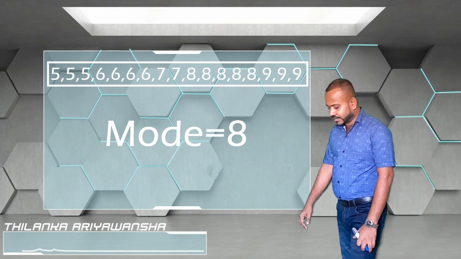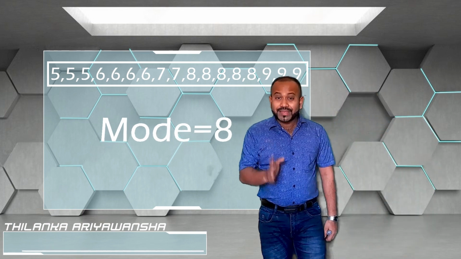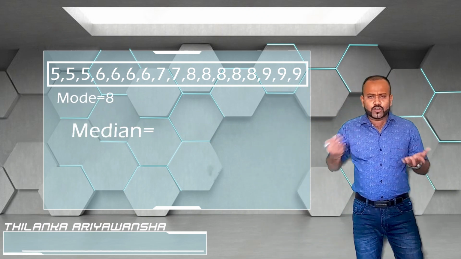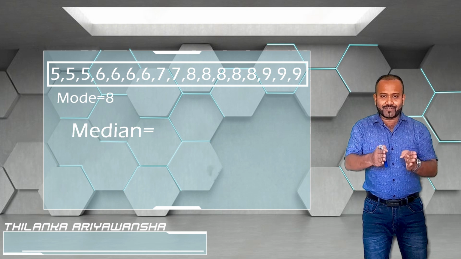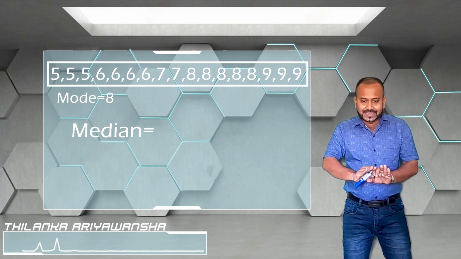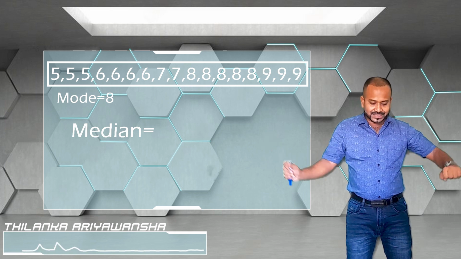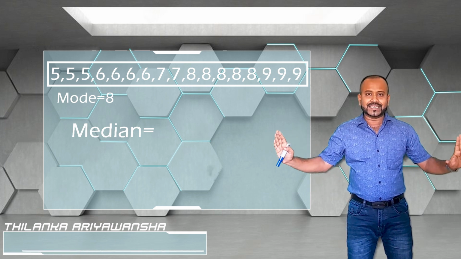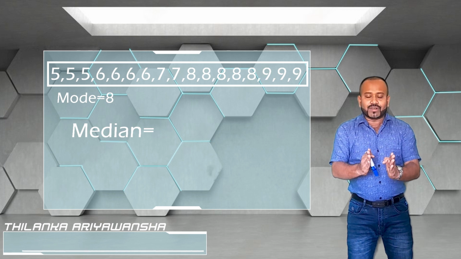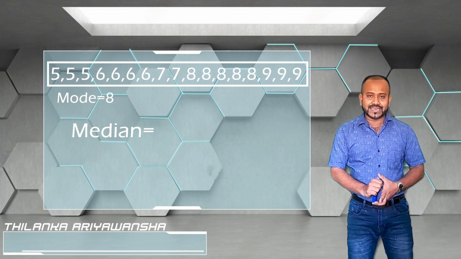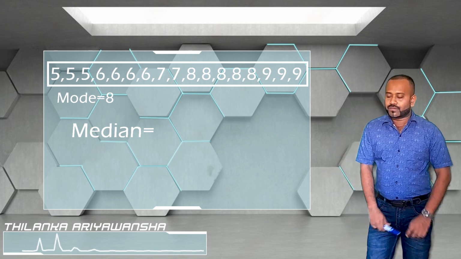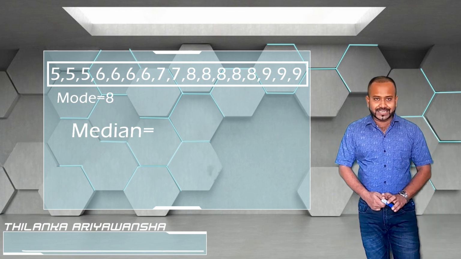Then children, we will see median. When we say median, what do you feel? The middle value. For example, when a set of children are sitting, we take the middle one. That is called the median.